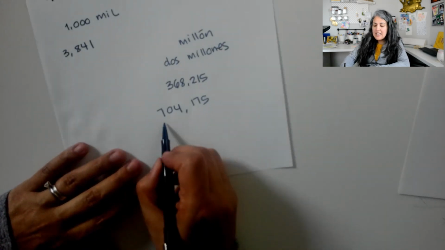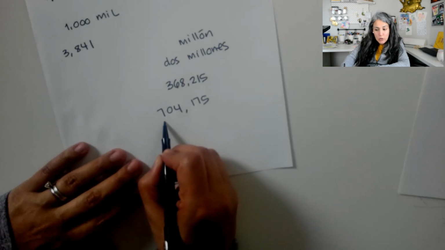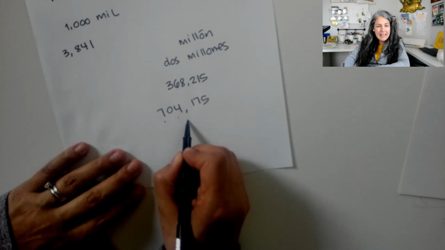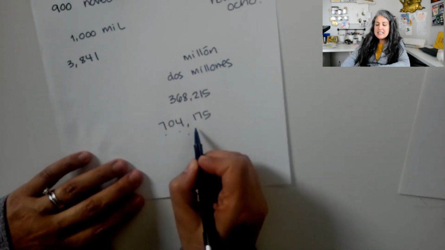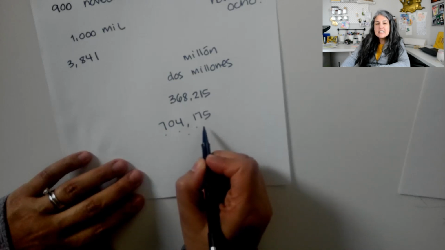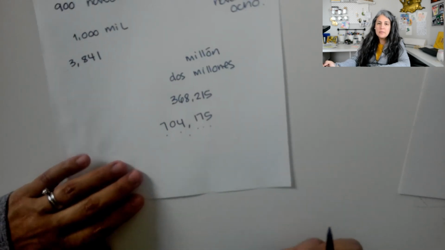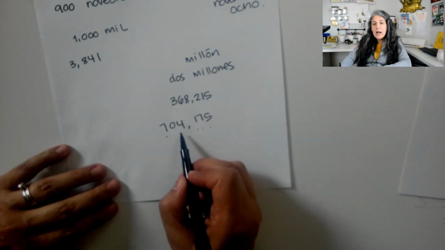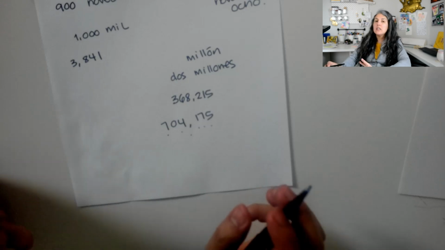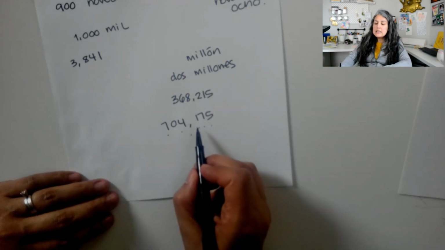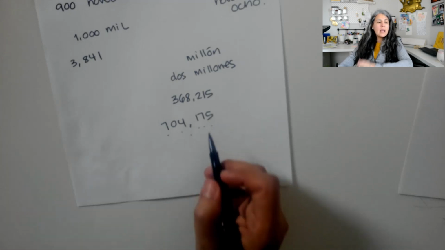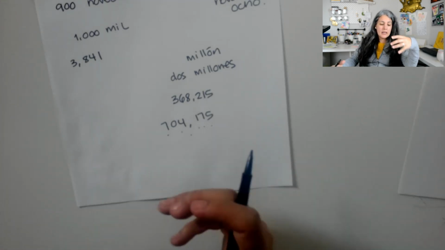So let's start again. 700, 704,000, 175. Just putting it all together. 704,000. We don't have anything on the tens. 175.